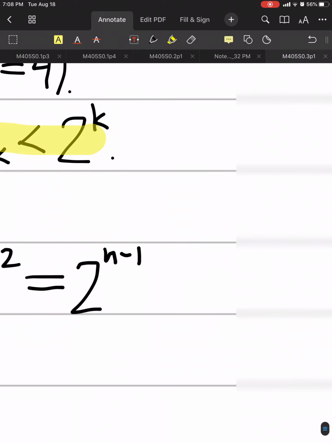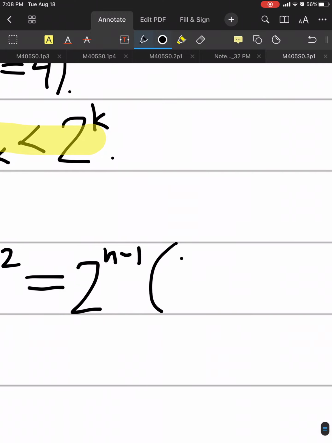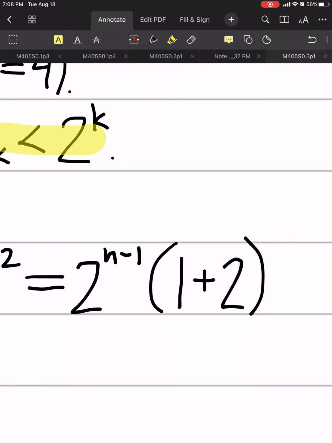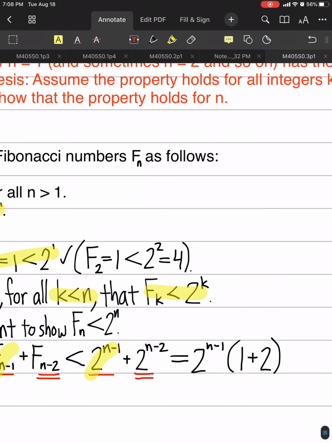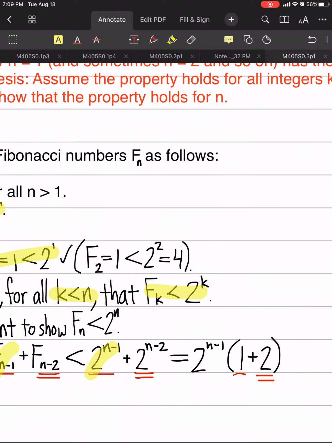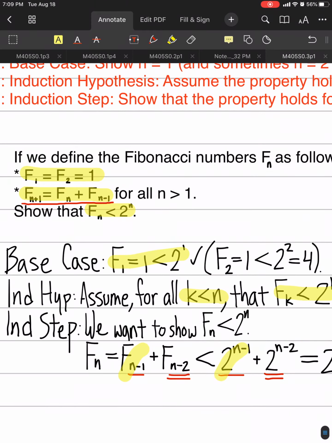Factoring it out of the first one leaves me 1, out of the second one leaves me 2. 2 to the n minus 1 divided by 2 to the n minus 1 leaves us a 1 there, and so a 1 here and then a 2 here. Okay, and we don't have to do too much more.